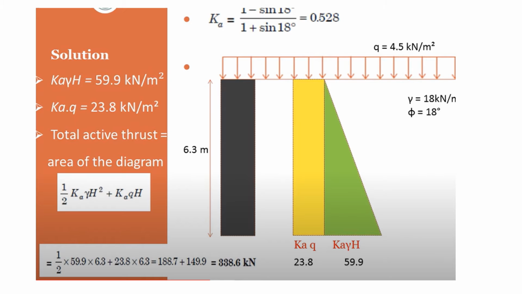So 1 by 2 into 59.9 into the height of this wall, 6.3, plus the area of the rectangle, which is L into B, that is Ka into Q, whose value is 23.8, multiplied with the height, which is 6.3. So 23.8 into 6.3, and when we add these two we will be getting the total active force acting on the retaining wall, which is given by 338.6 kilonewton.